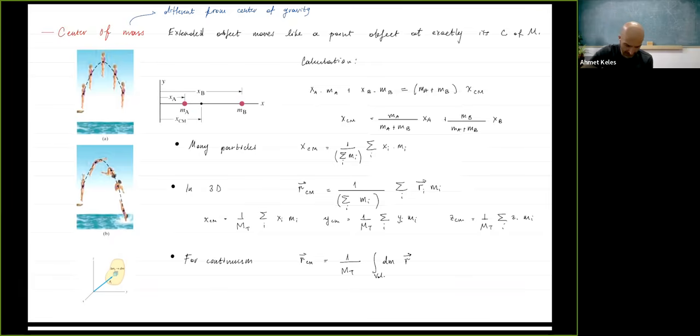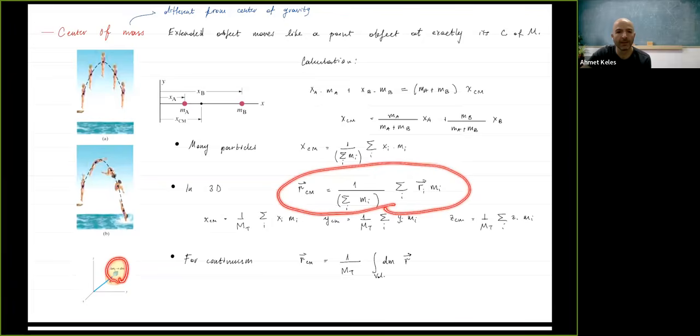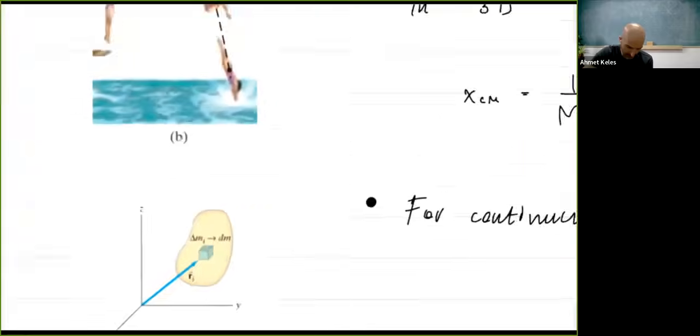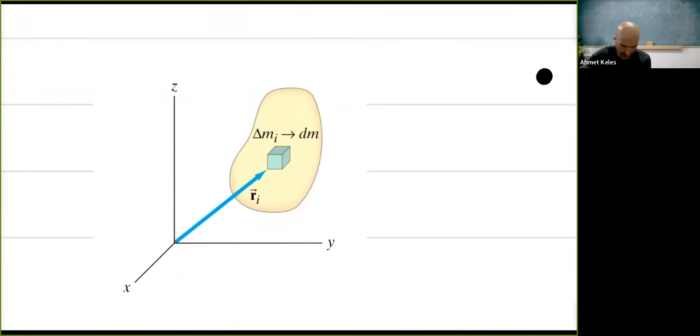So the last part is exactly like this, right? I'm writing exactly like this, but for a continuum. So there are infinitely many particles and they are infinitely close to each other. That's exactly the definition of an integral. I just say, okay, this is my mass. I look at this individual thing and I sum over all of them.